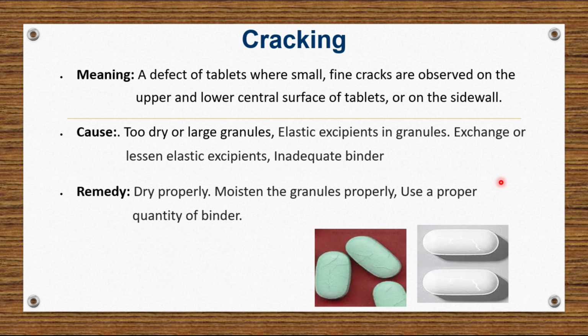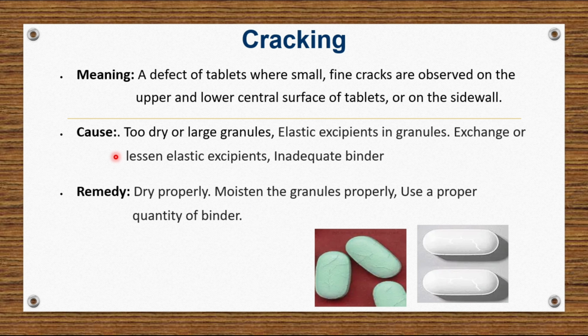Now cracking. What is the meaning of cracking? A defect of tablets where small fine cracks are observed on the upper and lower central surface of tablet or on the sidewall as well. Look at these images. Now what is the cause for cracking?